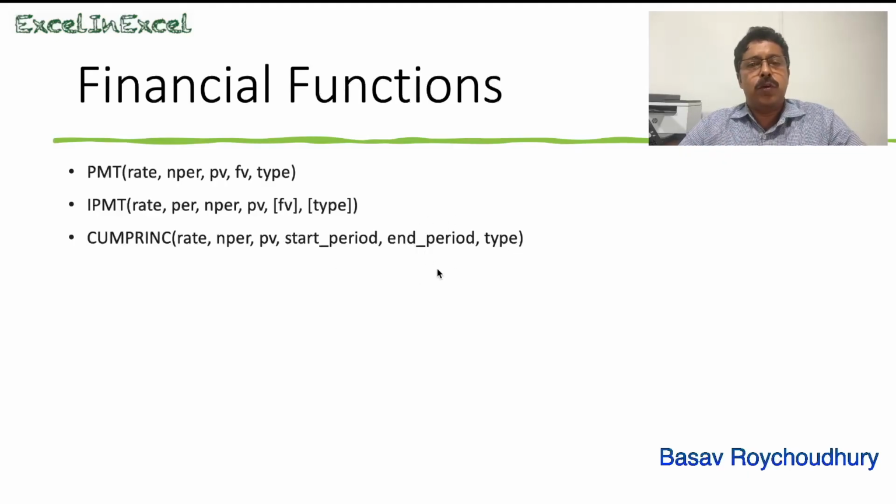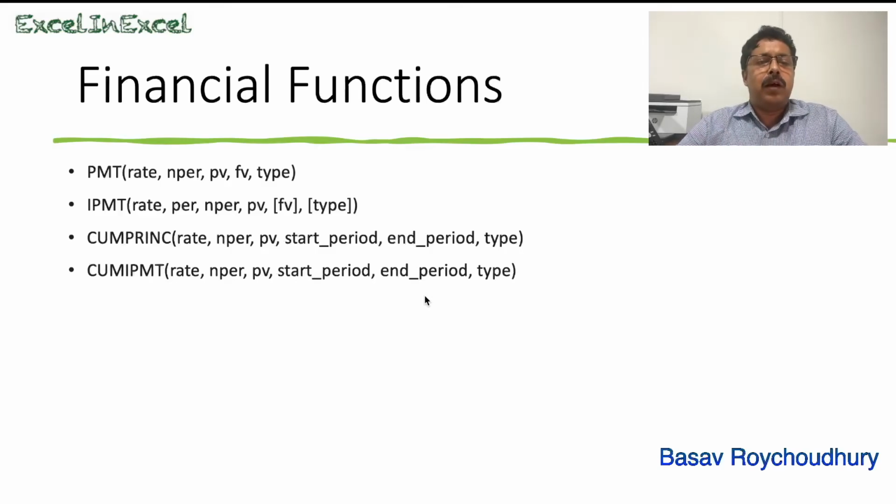So from the 1st to the 12th EMI, what is the total principal that I would have paid? Similarly, if I have a question about the cumulative interest that I would have paid, then CUMIPMT will be the function that will help me out. And therefore, let's look into that and try to answer that in Excel.